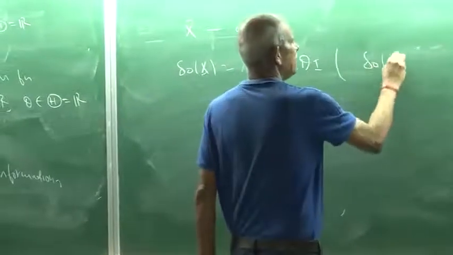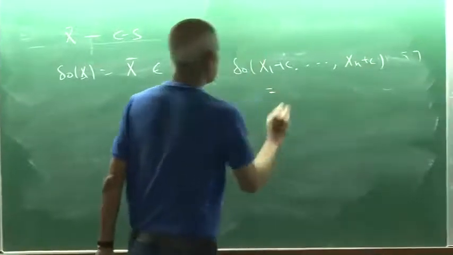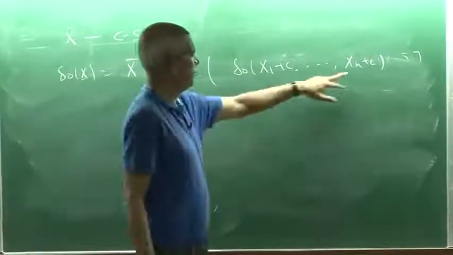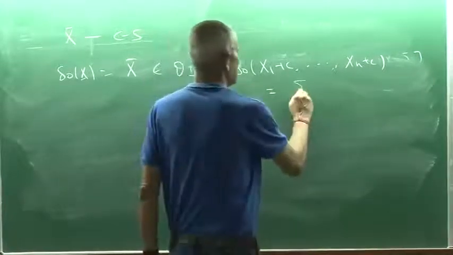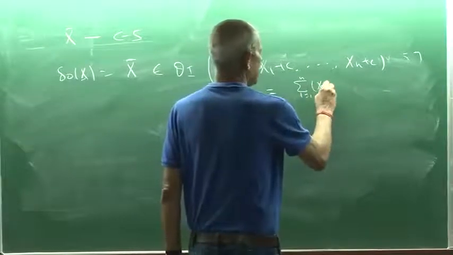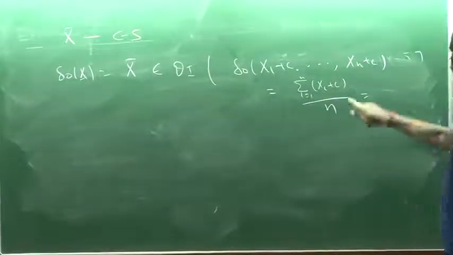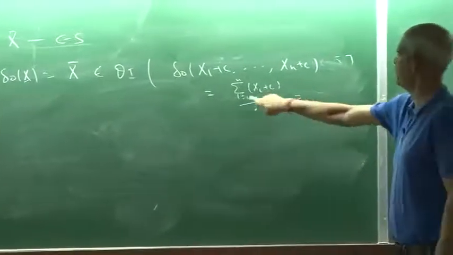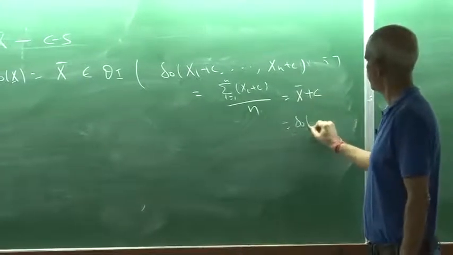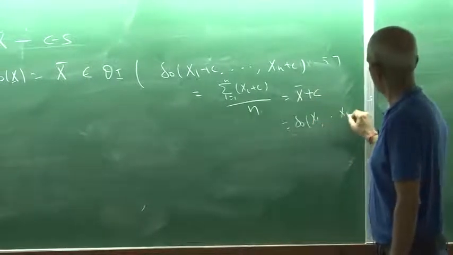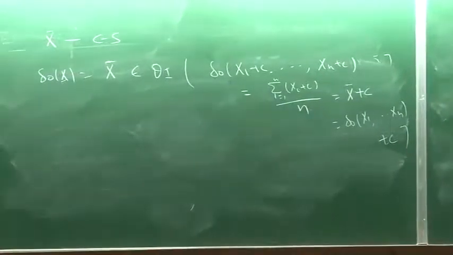Because you can see that delta naught of x1 plus c, ..., xn plus c is nothing but the mean of this, so summation i equals 1 to n of (xi plus c) by n. C n times, so nc upon n becomes c only, and this becomes x bar. So x bar plus c, which is the same as delta naught of x1, x2, ..., xn plus c for any c. So delta naught is invariant.